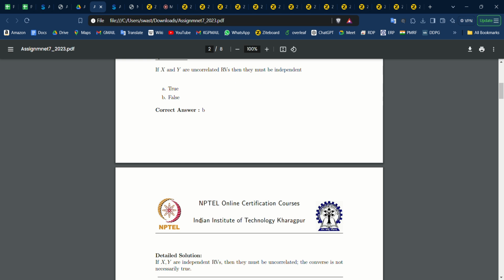This is a statement where in one direction it's true and in the other direction it may be true, but not necessarily. So we will illustrate this with an example. Sorry, we need uncorrelated but dependent random variables.